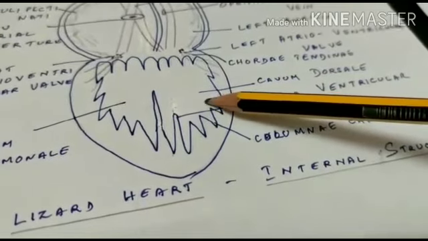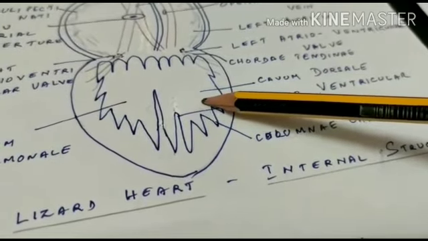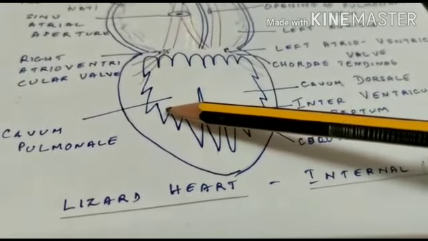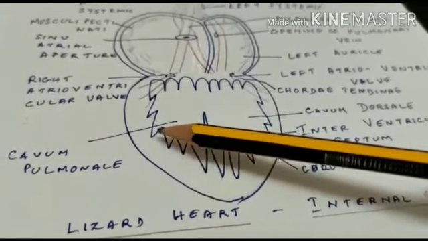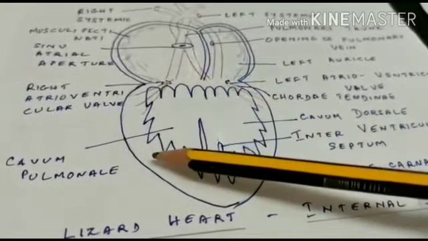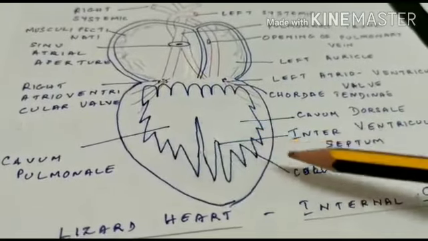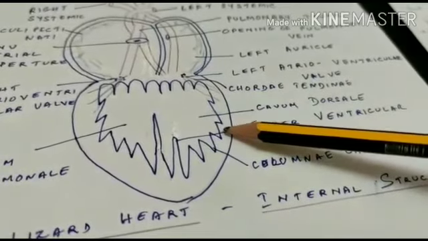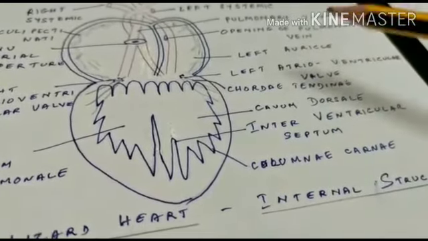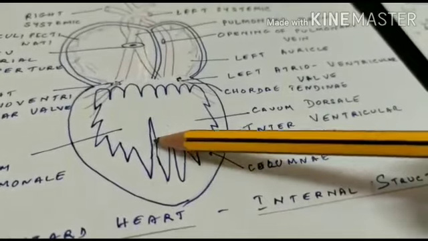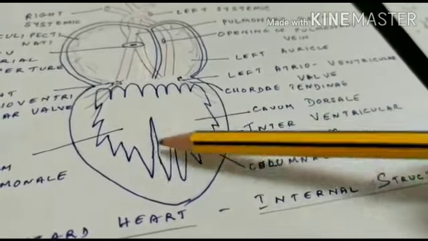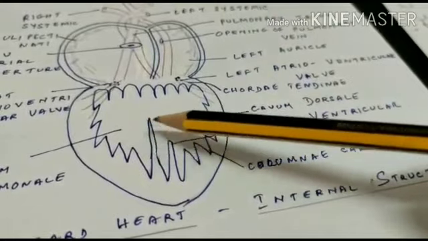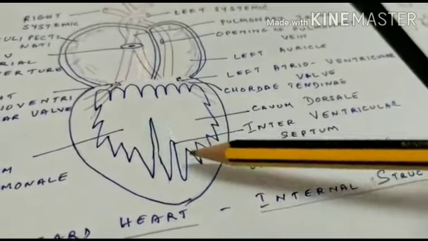The bigger part is called the cavum dorsale, and the smaller part is known as the cavum pulmonale. So the cavum pulmonale is towards the right side of the ventricle, and the cavum dorsale is towards the left side of the ventricle. And this ridge is slightly oblique, and it divides the internal cavity of the ventricle into two unequal parts.